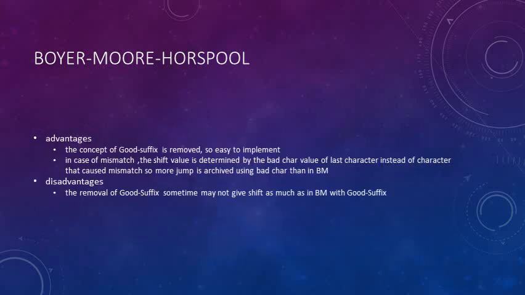The main advantage of this heuristic is that the complicated pre-processing necessary for the good suffix rule is eliminated, and since we are only comparing the last letter in the text, greater jumps could be made than when using only the bad character heuristic.